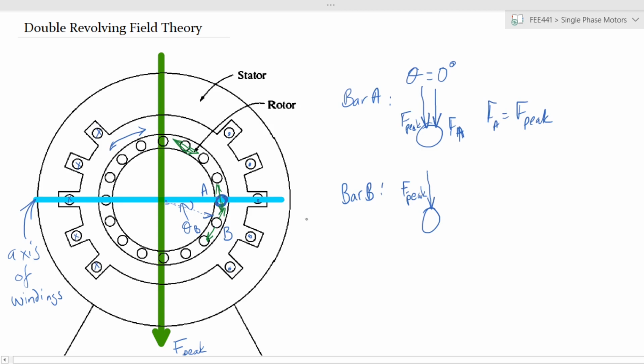So that means that the only force that can act on it has to act in that direction, either pulling it that way or pushing it upwards that way. And because F peak is going in that direction, we will have it going that way, okay?